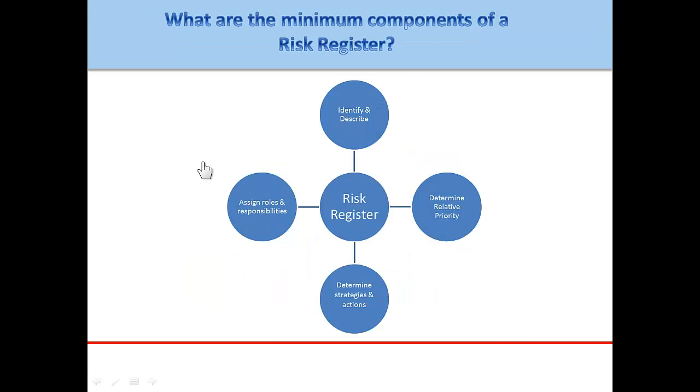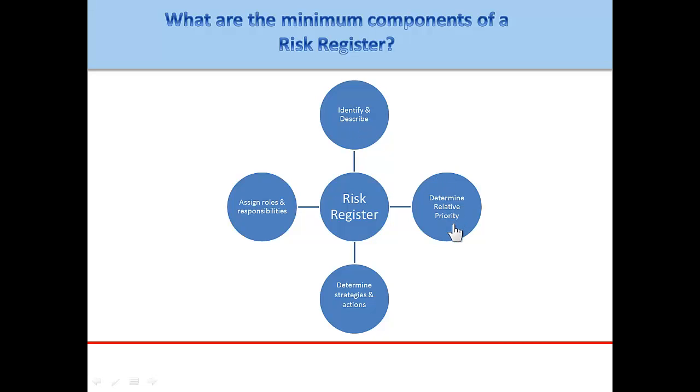As you have read in the PMD Pro Guide and already learned in the PMD Pro 1 course, the risk register can be adapted to the needs of each project. However, each risk register should contain these minimum components. First of all, a detailed identification and description of the issue, problem, or complaint.